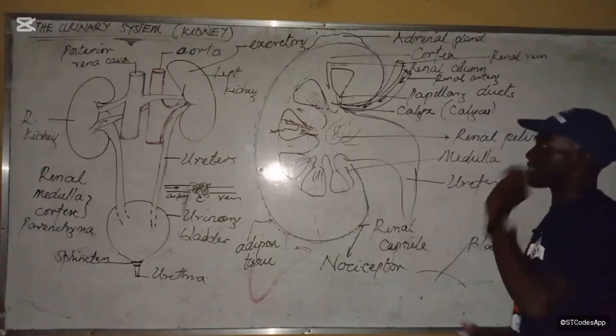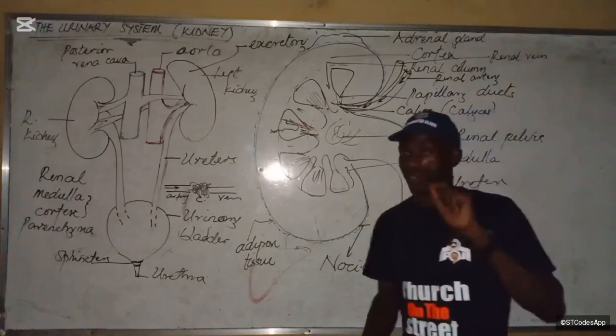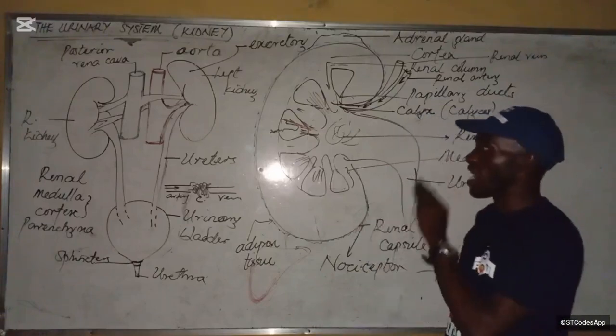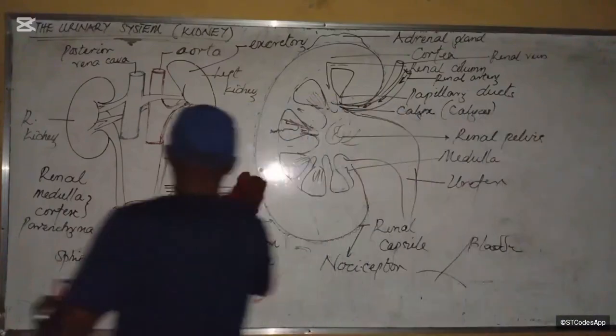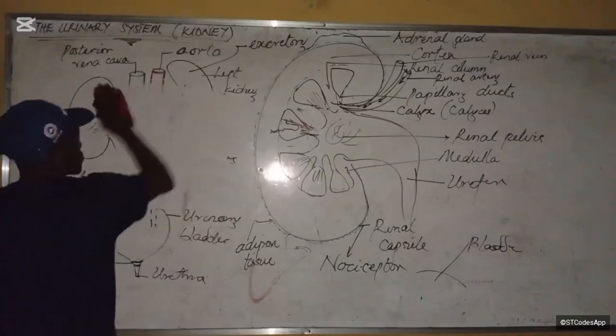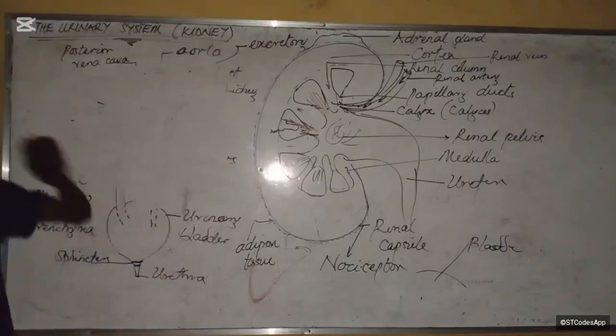Now that simplest unit of the kidney, which I call the nephron, how does it function? Now let me show you a simple diagram of the nephron. So we're going to be seeing how it functions.